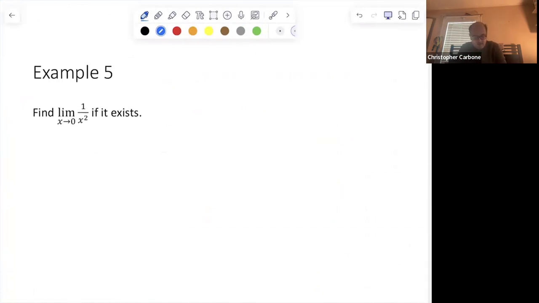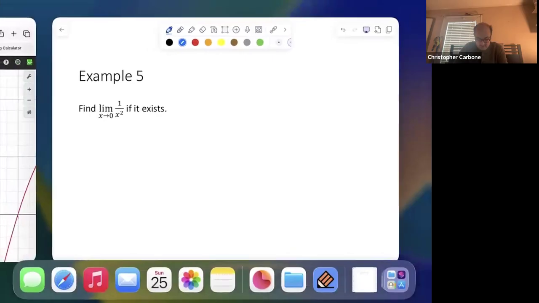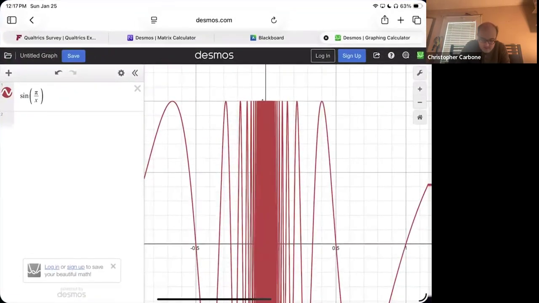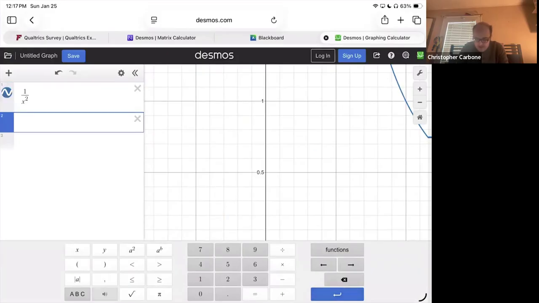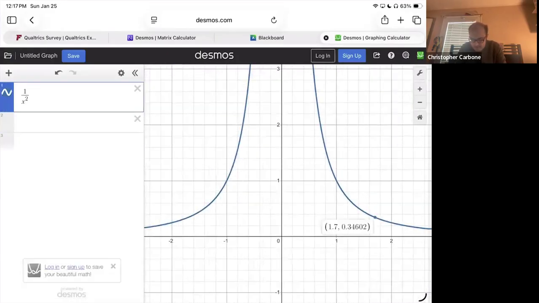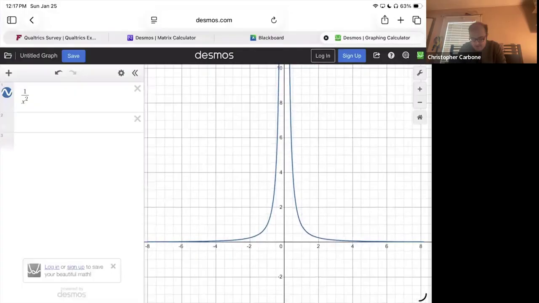This fifth one, we wanted to find the limit as x approaches 0 of 1 over x squared, if this one exists. And in this one, something else is going to happen. 1 over x squared. Let me zoom out so we can see what's happening here.